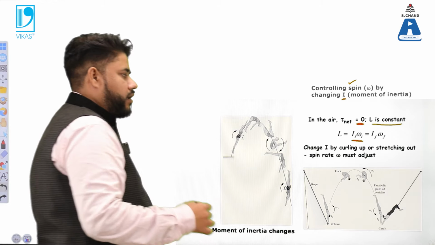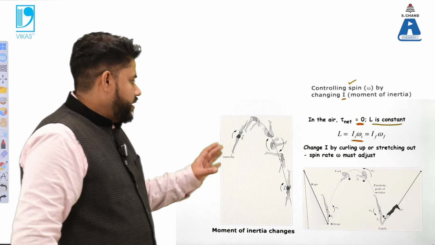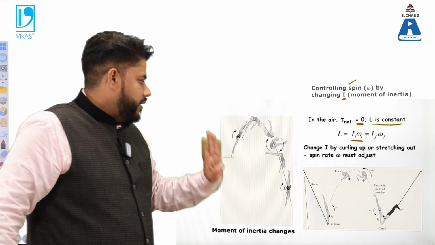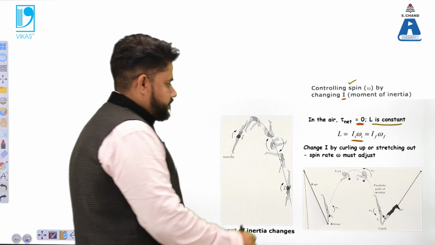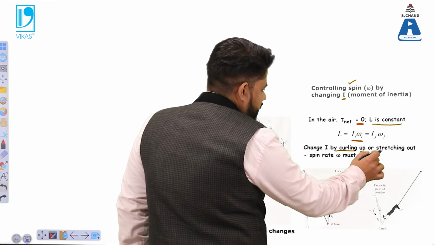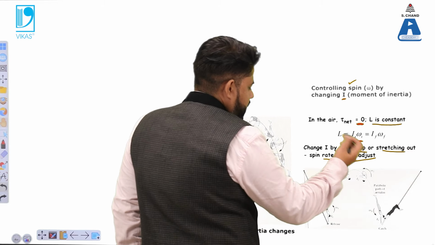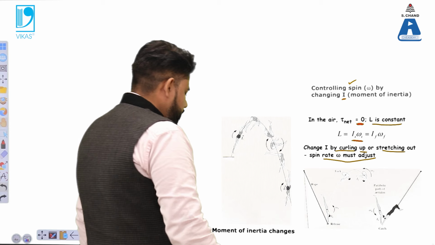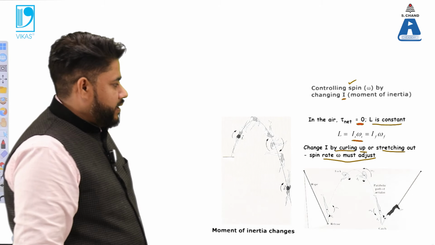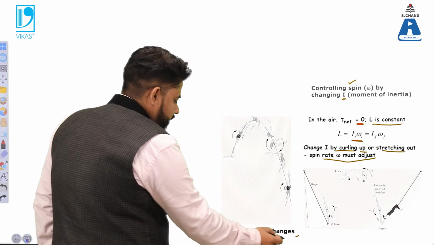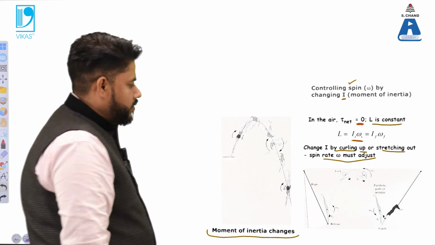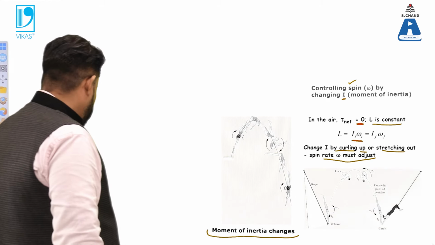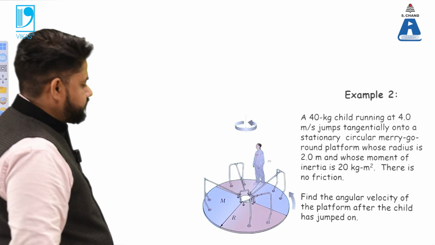That means I omega also remains conserved. The initial value of angular momentum is equal to the final value of angular momentum. So by curling up or stretching out, the spin rate must be adjusted. Overall the angular momentum remains conserved, and the moment of inertia changes. This is another example that elaborates conservation of angular momentum.